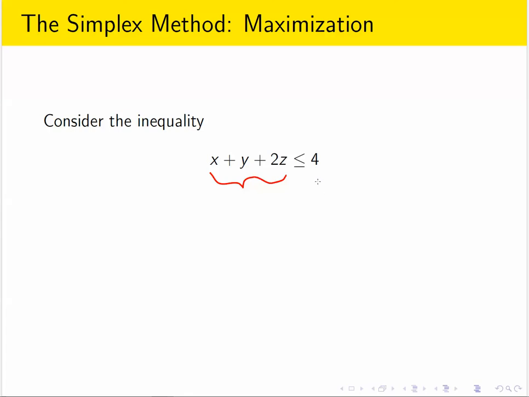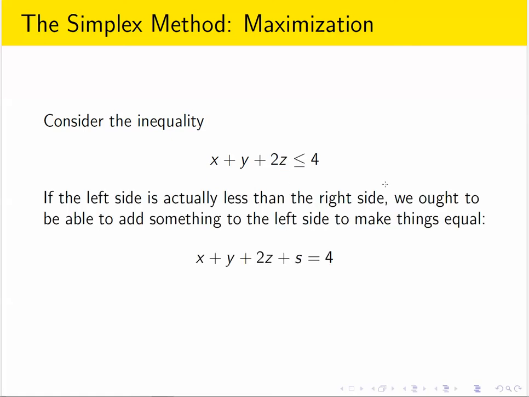So it could be 2 or 3.5. It won't be bigger, but it could be smaller. Now, if I want to change this into an equation, an equal sign, what I can do is add a little bit to the left side. So by introducing an extra variable here that represents some positive number, I'm making the left side bigger.